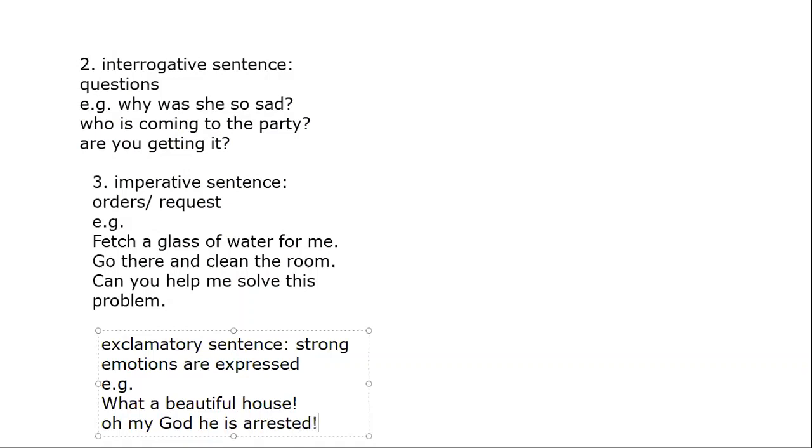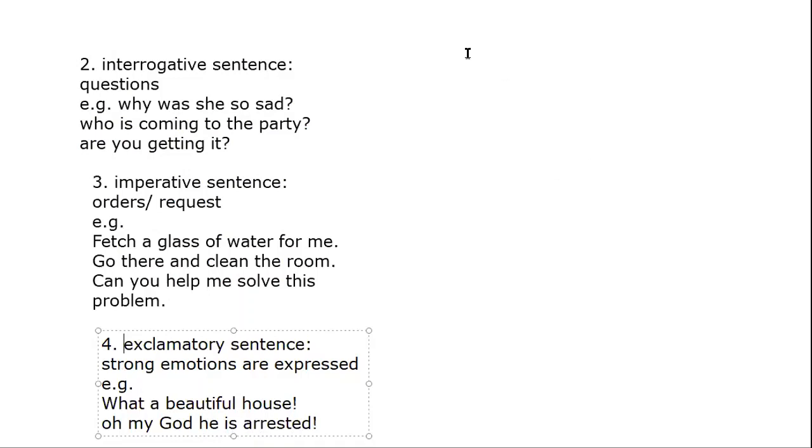So, वो जुमले जिनके अंदर आपके strong feelings और emotions express हो रहे हों, वो exclamatory sentences होते हैं, and this is the fourth type of sentence according to meaning. I hope you have understood these four types of sentences according to the meaning.